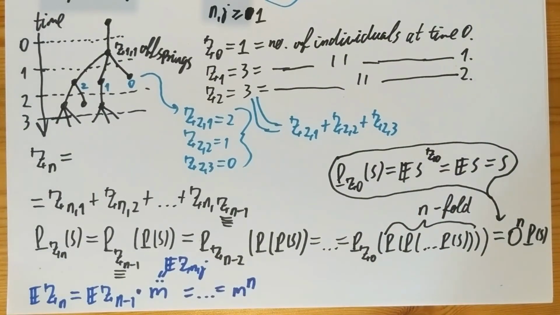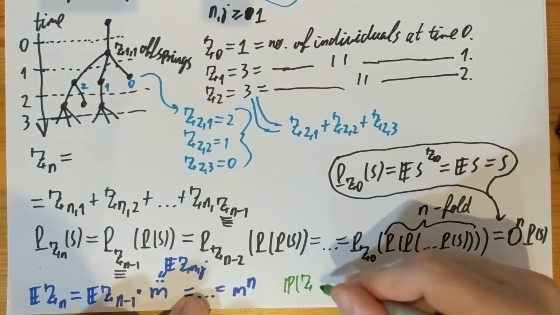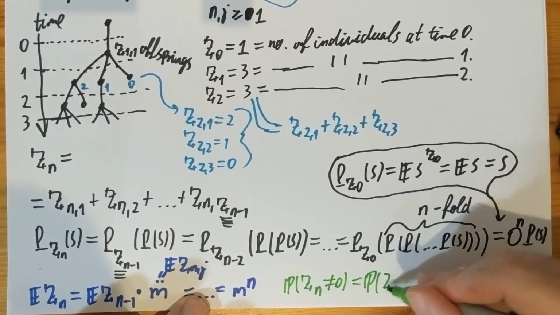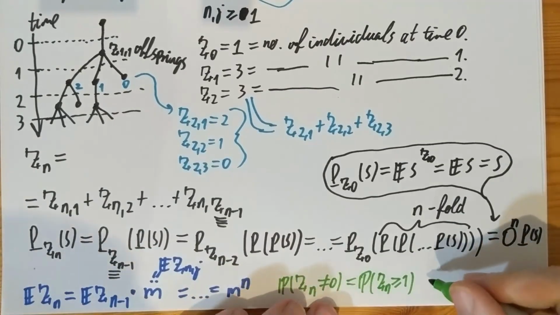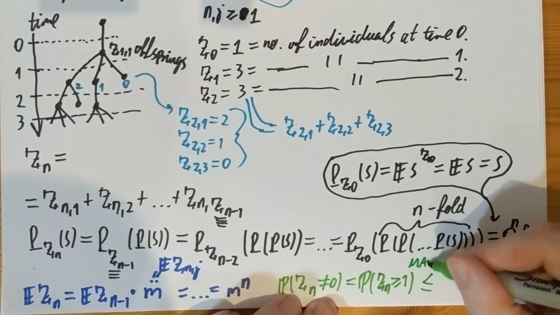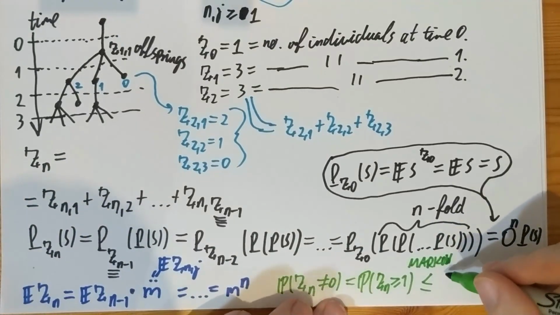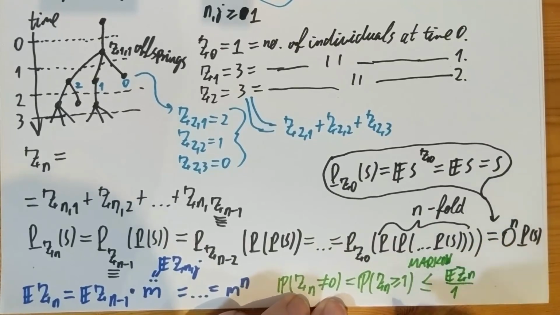One thing that you can immediately conclude from this is that if you want to find the probability that Zn is not 0, that's the probability that Zn is at least 1, because it's a non-negative integer. It's non-zero if and only if it's at least 1. And here you can apply Markov's inequality. For non-negative integers, Markov's inequality says that this is smaller than or equal to the expectation of Zn over this bound 1.